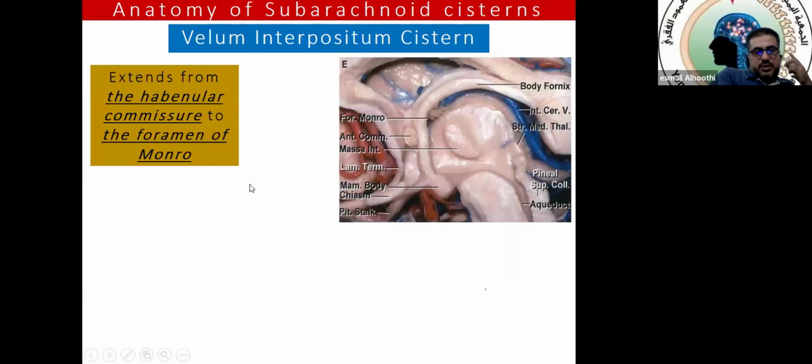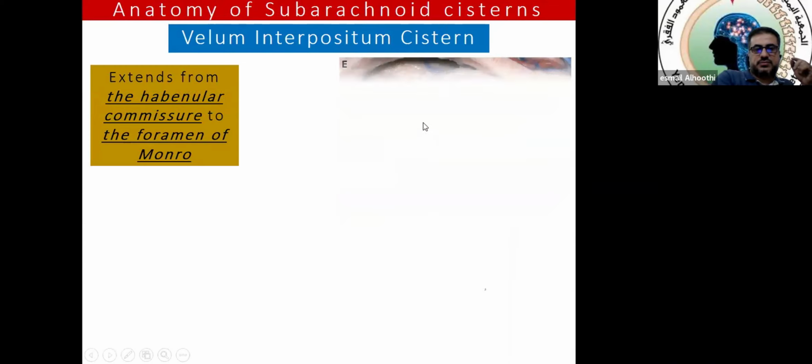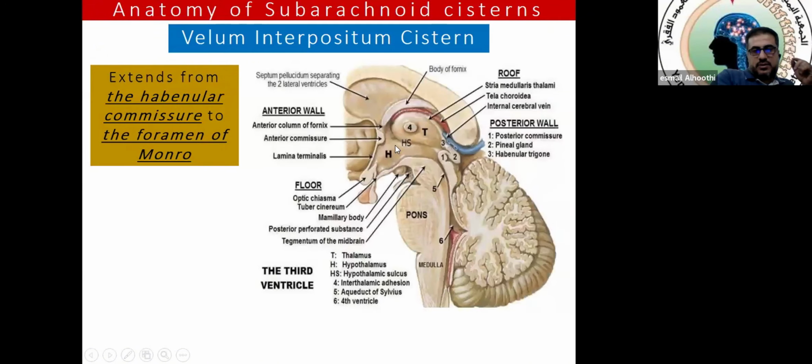It extends from the habenular commissure to the foramen of Monroe, from the habenula of the thalamus to the foramen of Monroe. This is the cistern here at this space. As you see here, from this commissure.